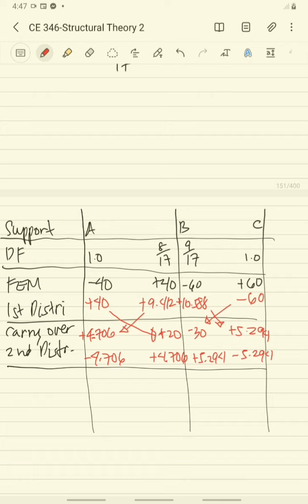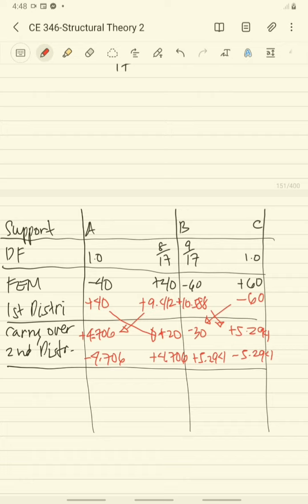Okay, so we will check for joint B if the moment there is already balanced. So we have positive 20 plus 4.706 plus 5.294, so you have 30, minus 30, that is equal to 0.